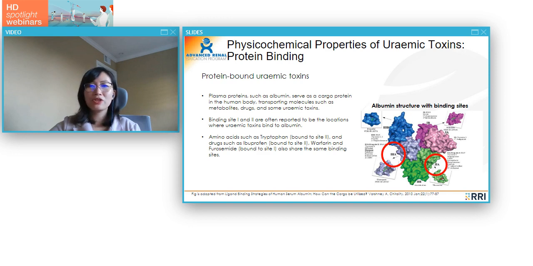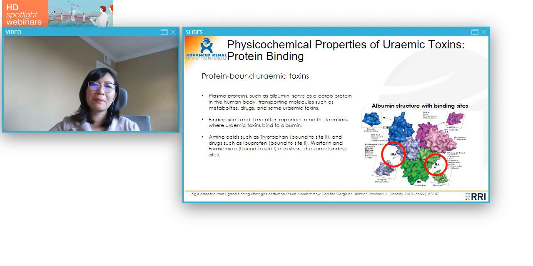But I do want to mention not only uremic toxins, other substances such as tryptophan, ibuprofen, they all bind to albumin. They primarily bind to drug binding site number 2. And other drugs like warfarin, furosemide, they like to bind to a different binding site, number 1.